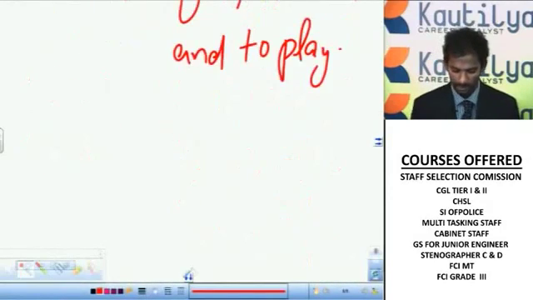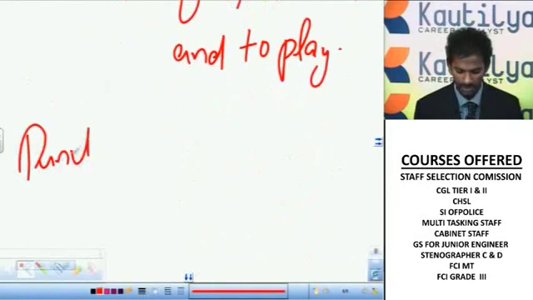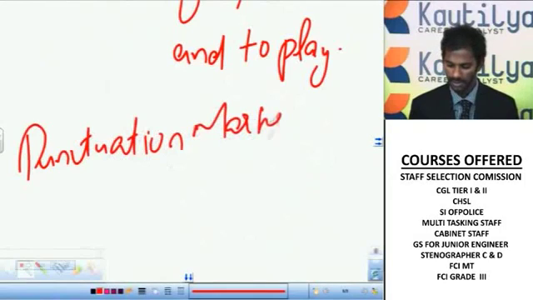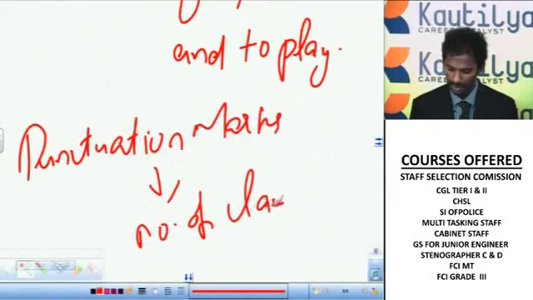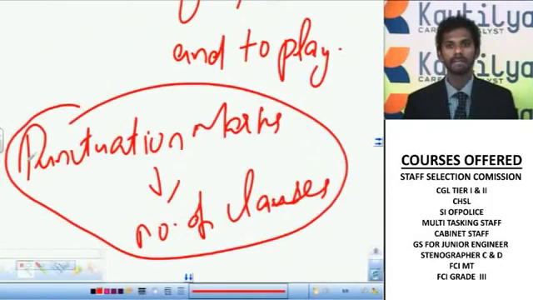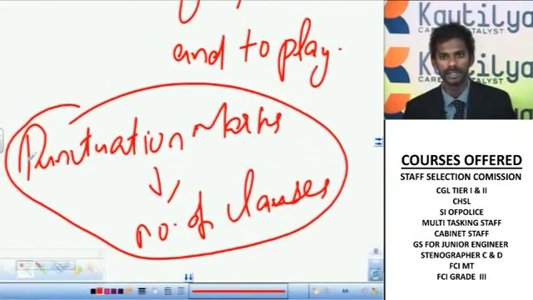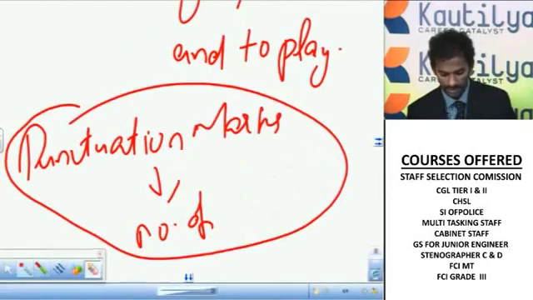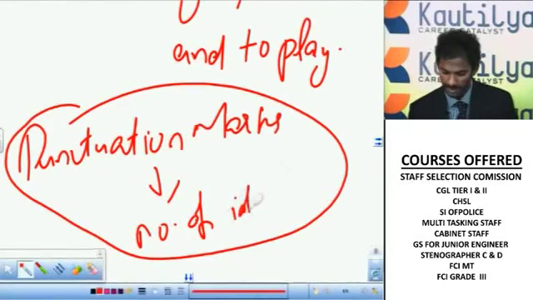You know what punctuation marks are: full stop, comma, etc. So we can identify the number of clauses, the number of ideas in a sentence, based on the punctuation marks.